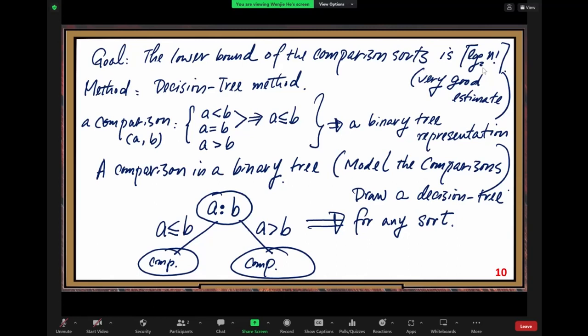Next, let me do a simple example to help you understand how we can draw a decision tree for a sort. Then we can do the discussion.